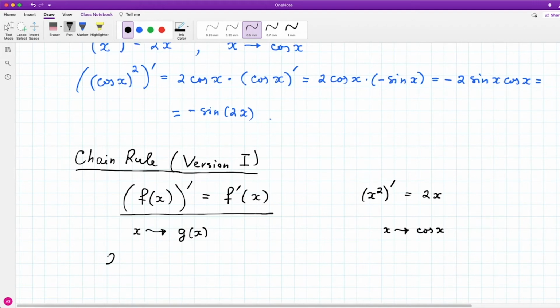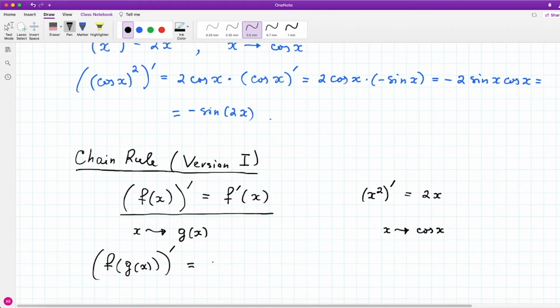So on the left hand side, we're going to get f of g of x, prime of all of that. That is the derivative of this function, and this notation f of g of x indicates what we get by replacing x with g of x in a function f of x.